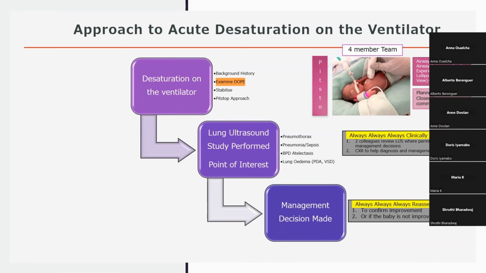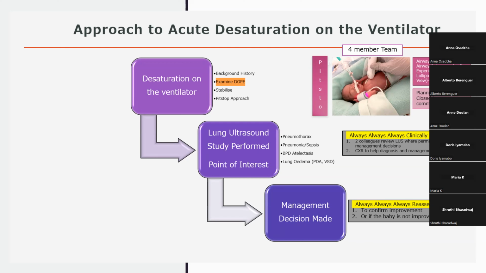Naturally, what you don't want to interfere with is processes that are keeping that baby physiologically stable, that is, interfering with ventilation. But at times, you might have to do this ultrasound while the baby is being resuscitated, and there are significant challenges around doing that. What we normally do in situations like that is have a four-member team, one of whom is in charge of the airway and ensuring effective ventilation, movement of the chest.